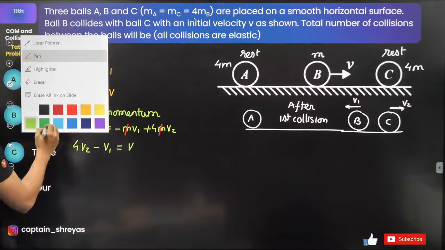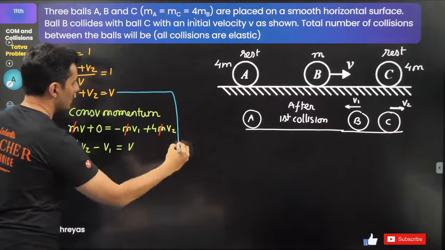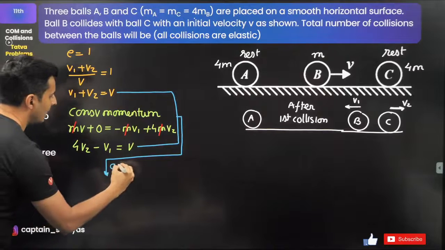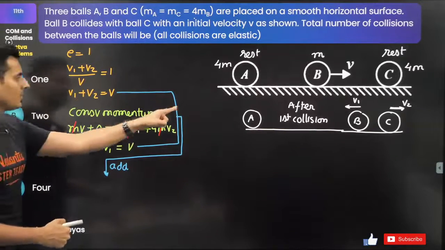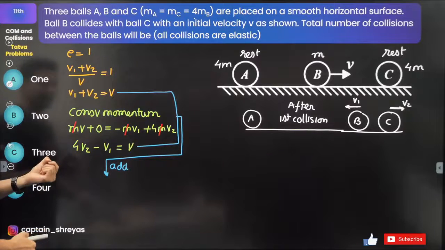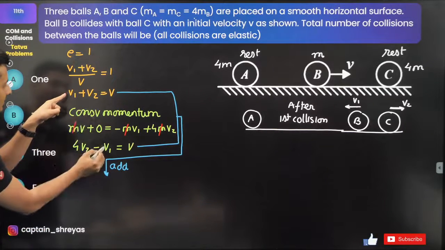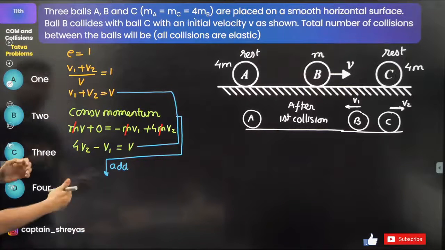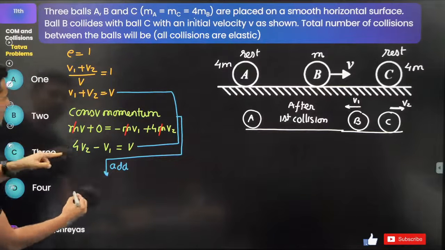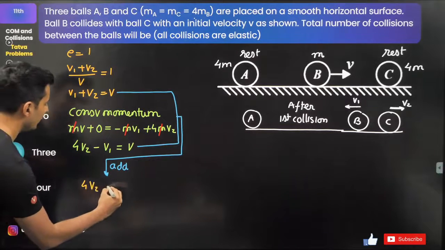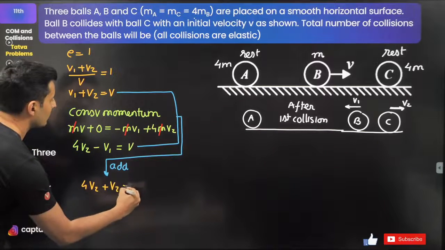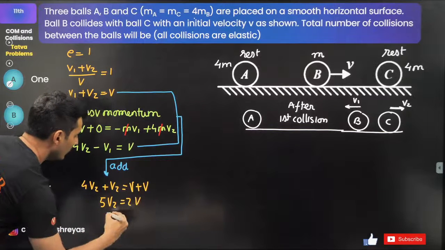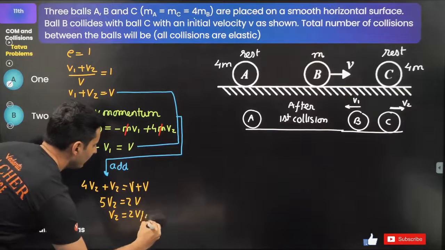Now take this equation and this equation and just add them. V1 and minus V1 get cancelled. So I get 4V2 plus V2 is equal to V plus V. So 5V2 is equal to 2V, so V2 is equal to 2V by 5.